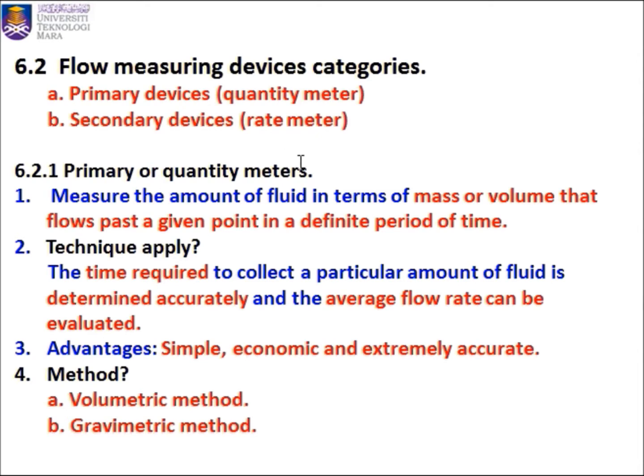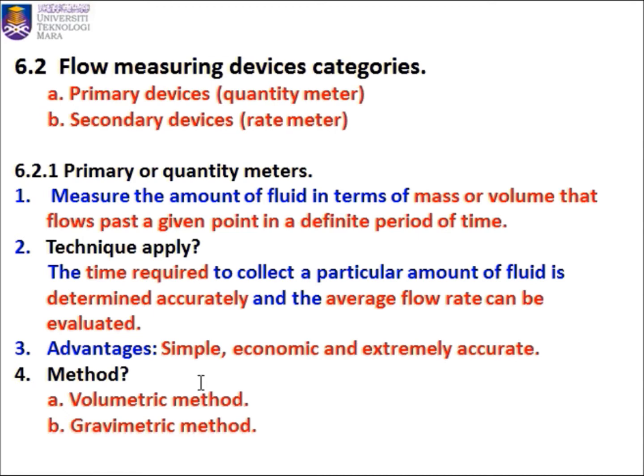They measure the amount of fluid in terms of mass or volume that flows past a given point in a definite period of time. The technique applied is that the time required to collect a particular amount of fluid is determined accurately, and the average flow rate can be evaluated.